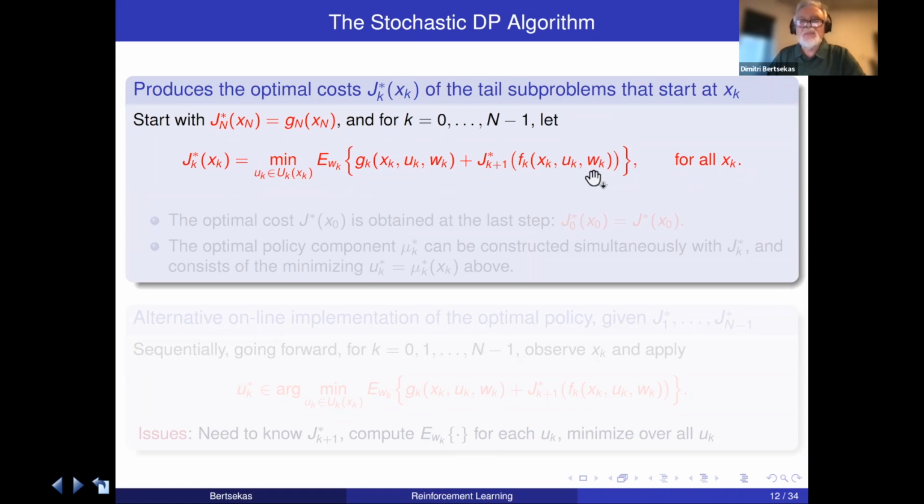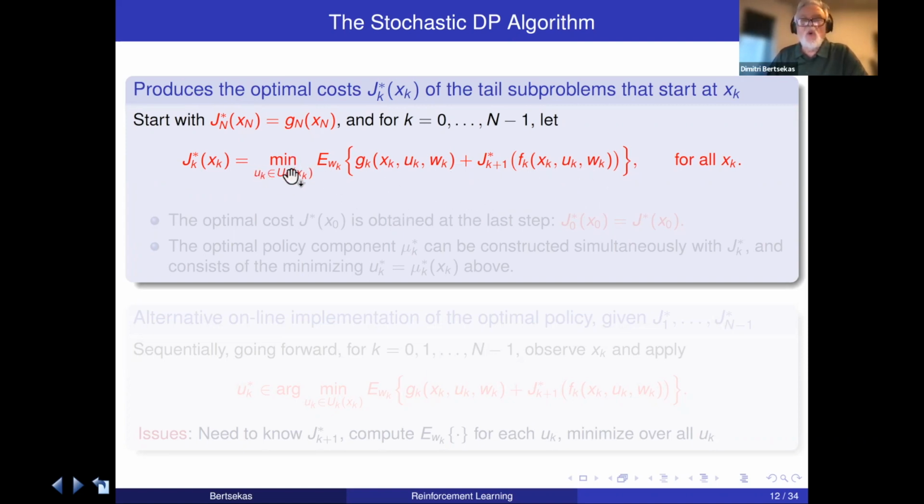And it uses the same type of calculation as the deterministic case, involving the cost of the current stage plus the optimal cost to go from the next stage where we land. However, this expression here is random, so we take the expected value over WK and get a number for every U, for a fixed X, and for every U, we obtain a number, which is also the Q factor, what we call the Q factor.